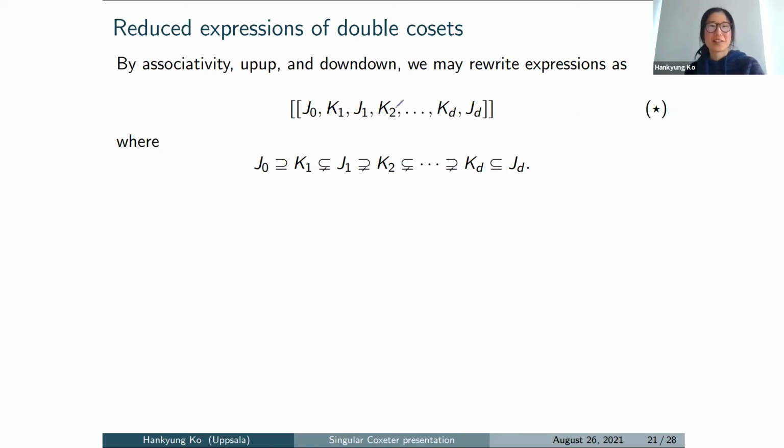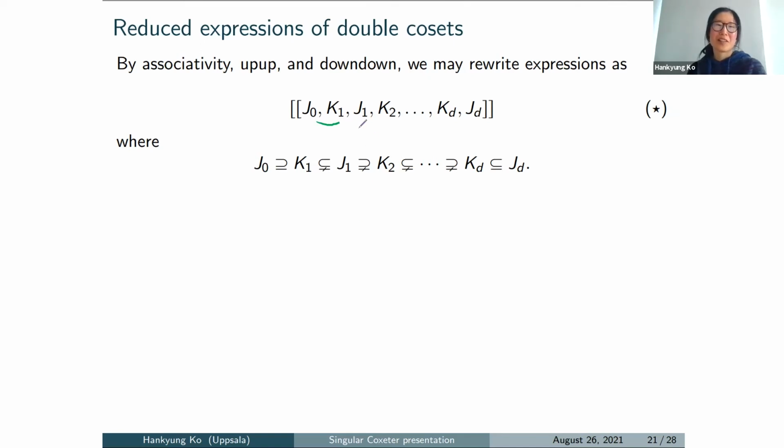So we will compress an expression into the following form. If you start with Z0 and subtract, for example, S and T, it doesn't matter in which order you subtract. That means you can just subtract them at the same time.